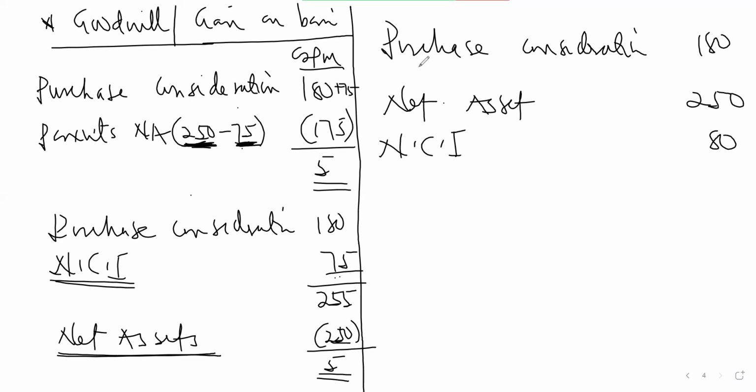Ask yourself, the percentage holding is still 70 and 30. The actual non-controlling interest would have been what? 0.3 multiplied by 250, isn't it? And that will give us 75. But what are they having here as the fair value? 80. Where is the 5 coming from?